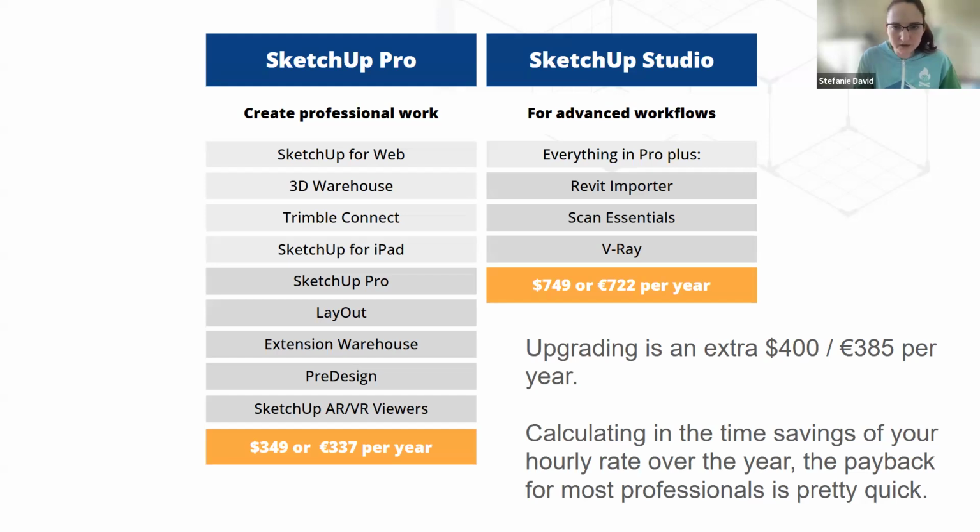And this is included as well in SketchUp Studio, except you get the Revit Importer, Scan Essentials, and V-Ray, which we demonstrated. So upgrading, it is an extra $400 or 385 euros per year.